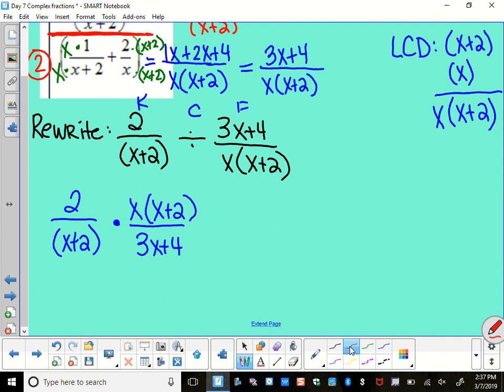Janie, what can I cancel out here? Your x plus 2 can go. That is the only thing that can go. You cannot cross out this x that's being multiplied and the x that's in that group, right? So my final answer is 2x on top, and on the bottom we have 3x plus 4.